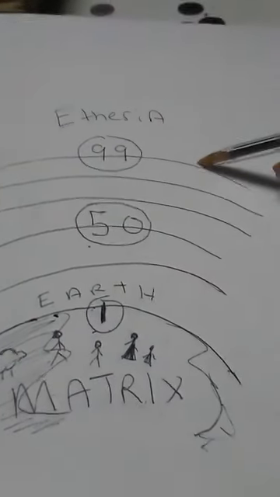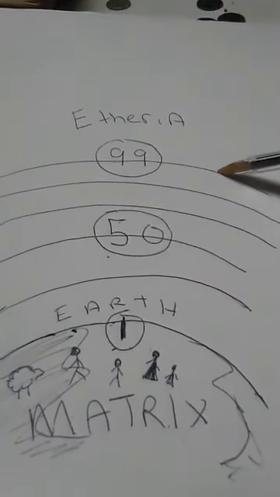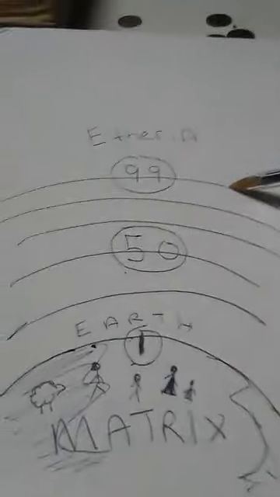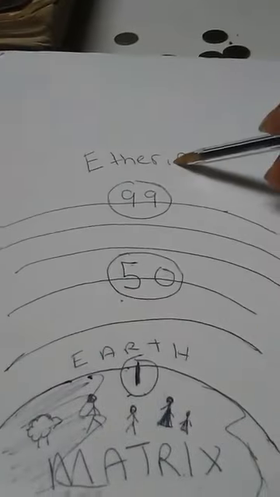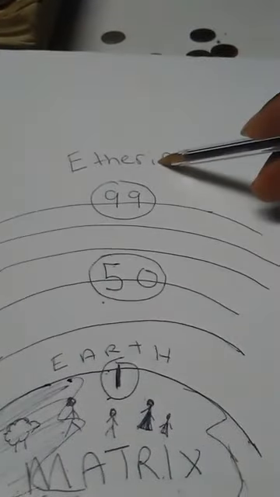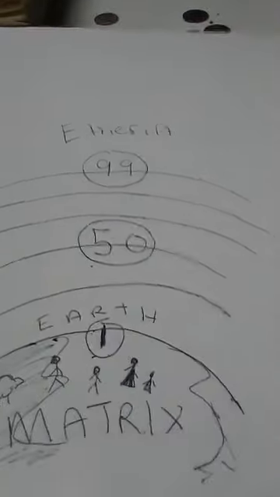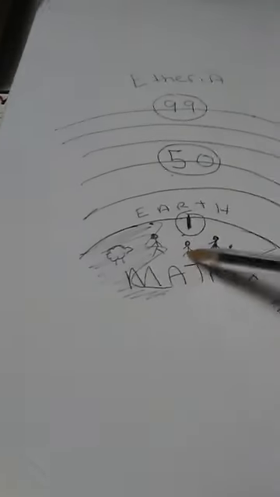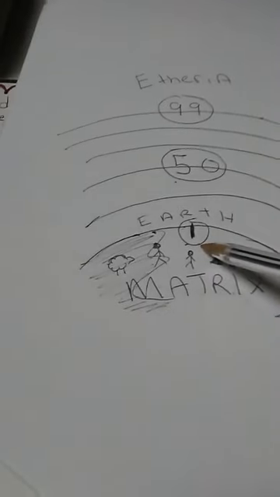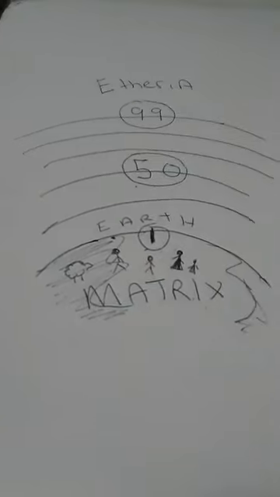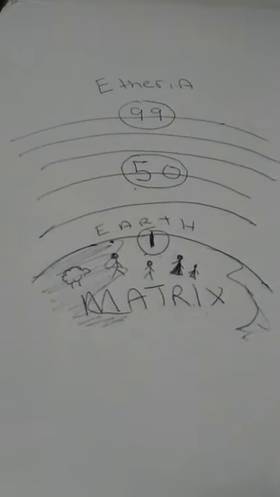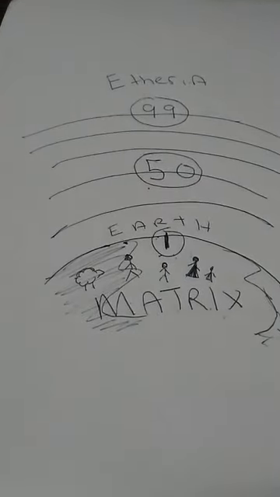Now, you must realize, guys, that we are etheric beings. So we come from the ether, or what you call Etheria. So this is not our home. Earth, which is this matrix, Earth is not our home. Earth is a school for souls to grow.